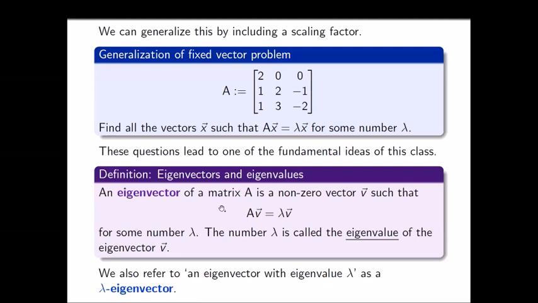An eigenvector of a matrix A is a non-zero vector v such that A times v is lambda times v, where lambda is some scalar. The number lambda is called the eigenvalue of the eigenvector v. And we can also refer to an eigenvector v with eigenvalue lambda as a lambda eigenvector.